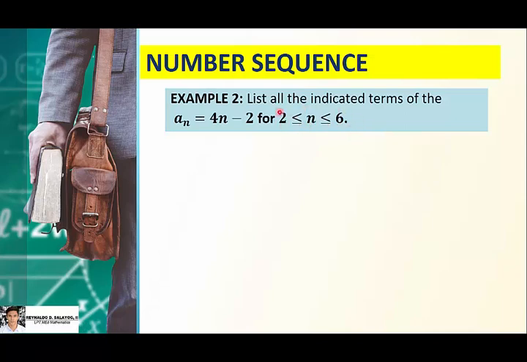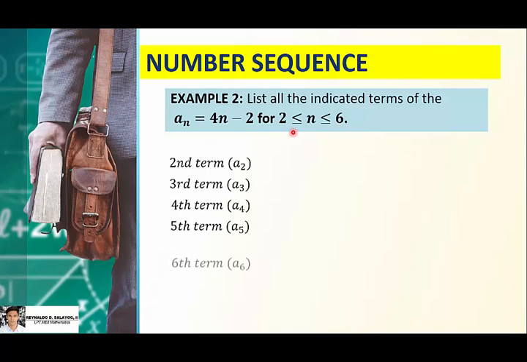So we are talking about the second term, the third term, the fourth term, the fifth term, and the sixth term of this equation represented by a sub n equals 4n minus 2.